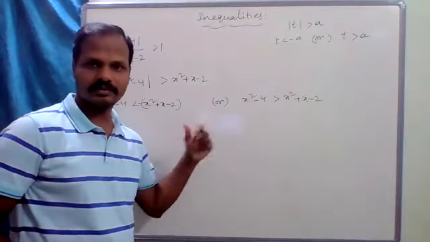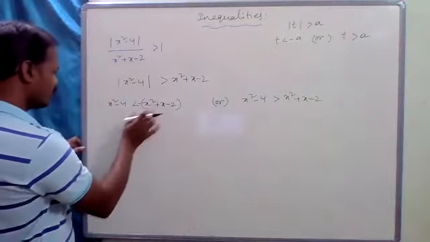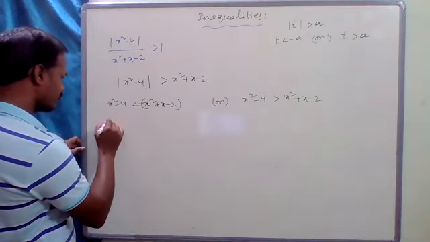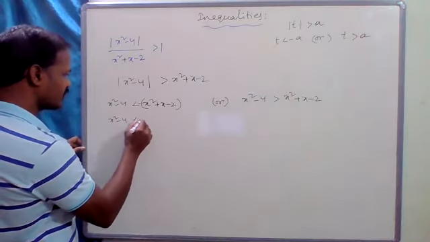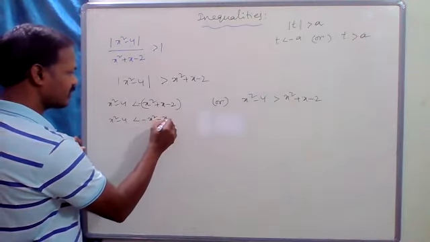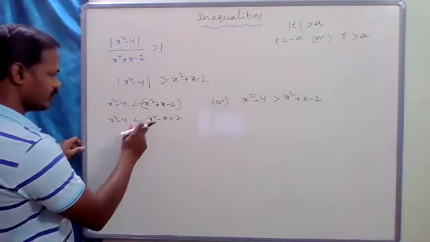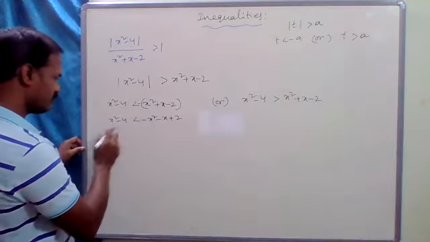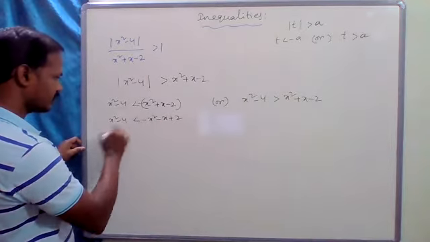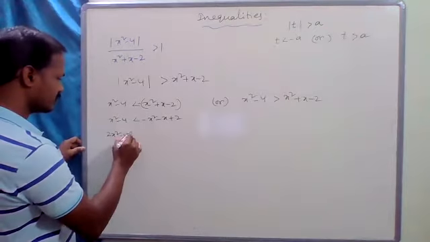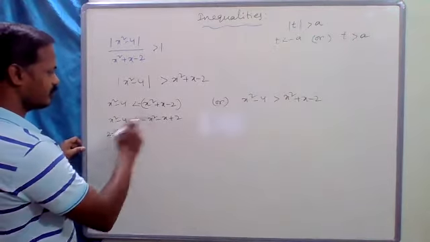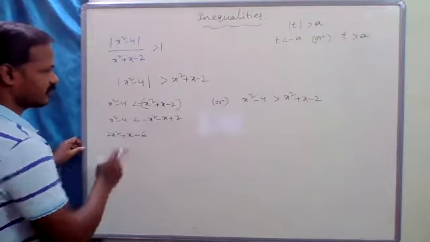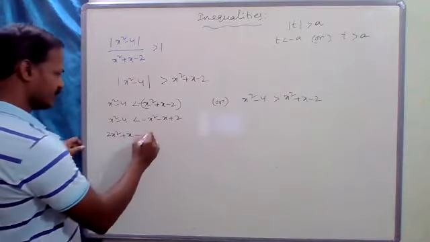The first point is clear? Okay. Now from this, x square minus 4 less than minus x square minus x plus 2. Take the left side, this expression, you will get 2x square plus x minus 6 less than 0.